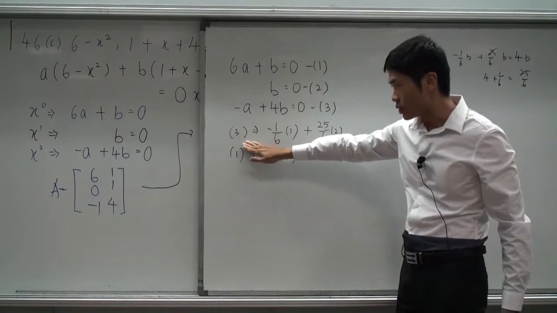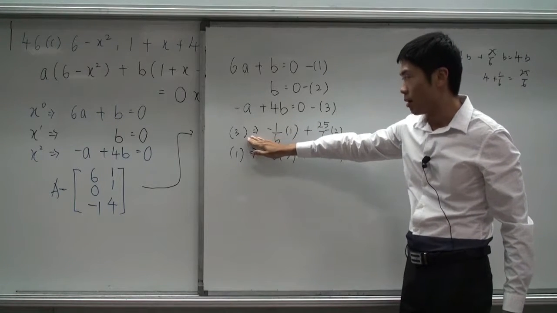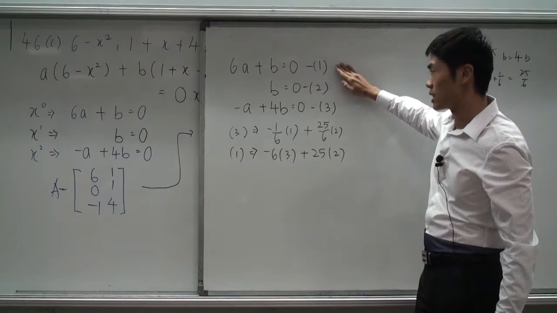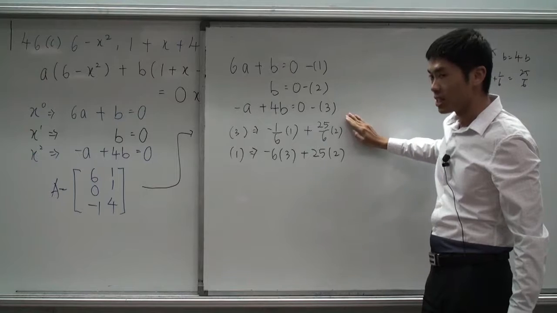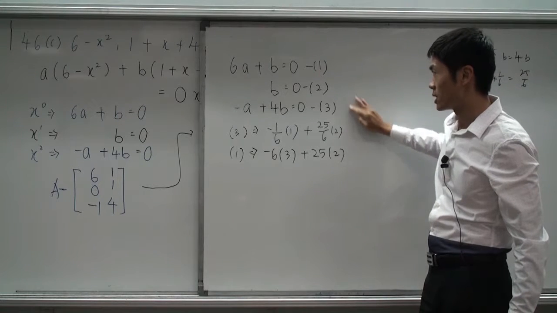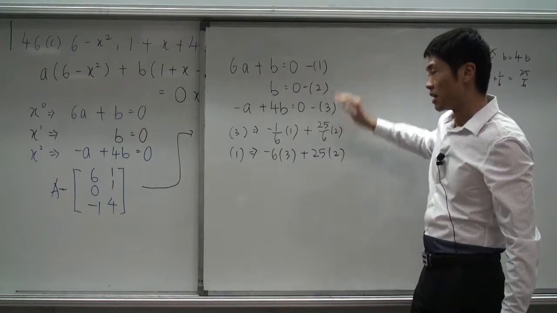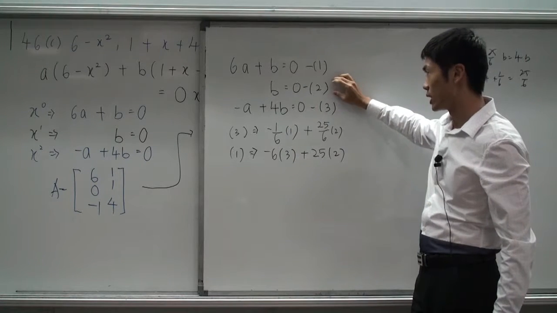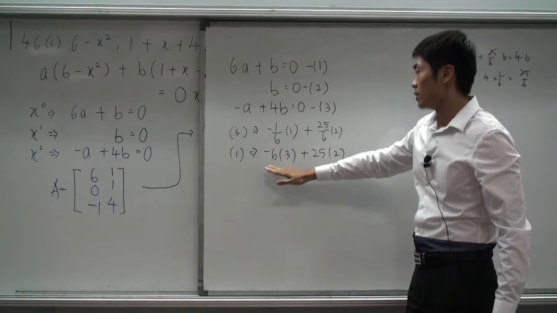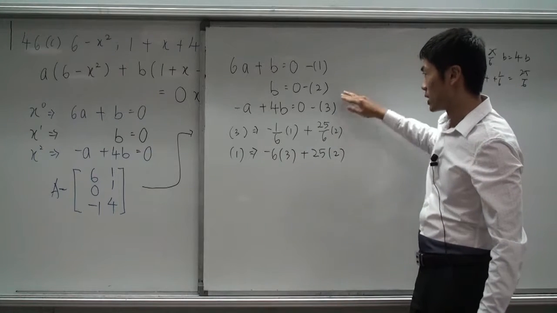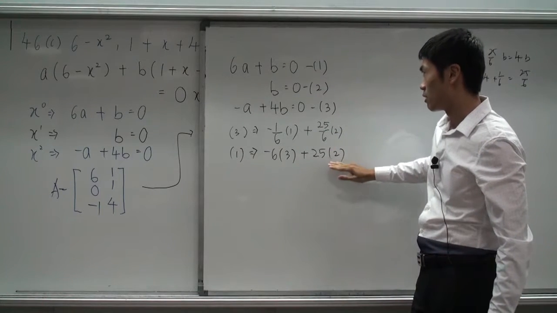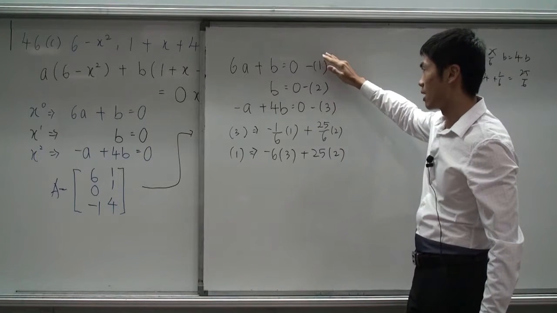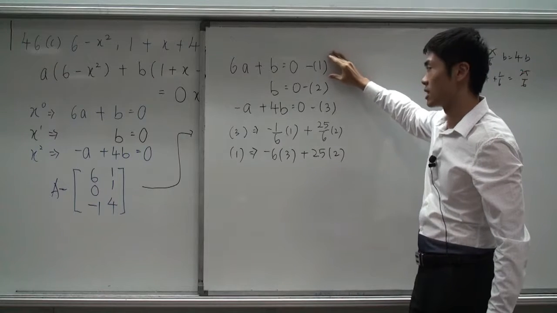The third equation can be produced by the combination of -1/6 multiplied with the first equation plus 26/6 multiplied with the second equation. Similarly, equation number 1 can be produced from the combination of equations 2 and 3: -6 multiplied with equation number 3 plus 25 multiplied with equation number 2, and you will get the first equation.